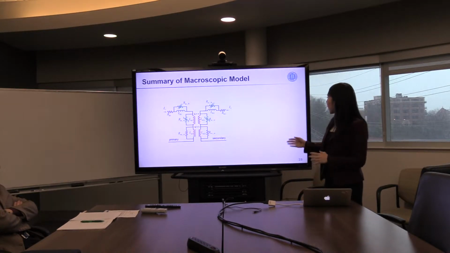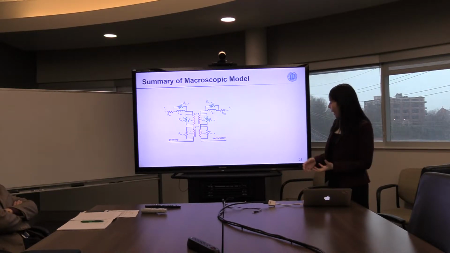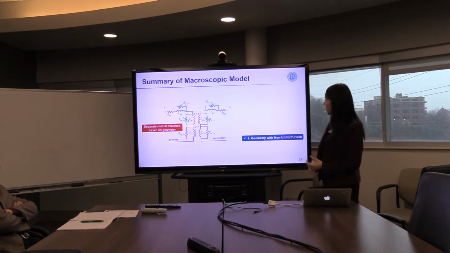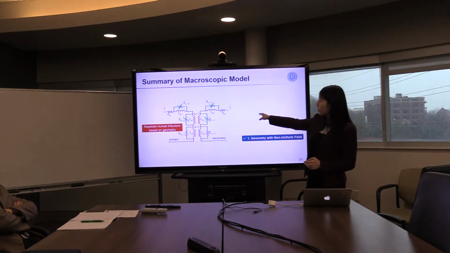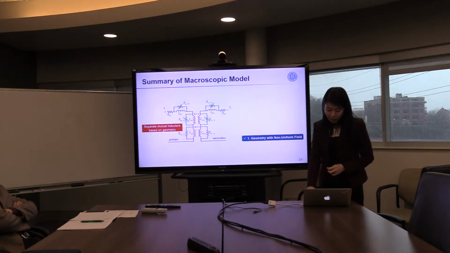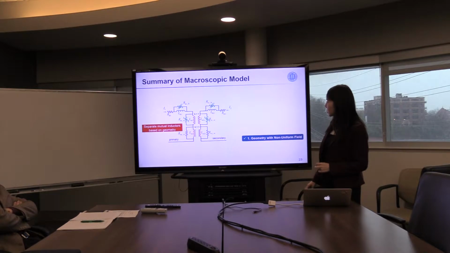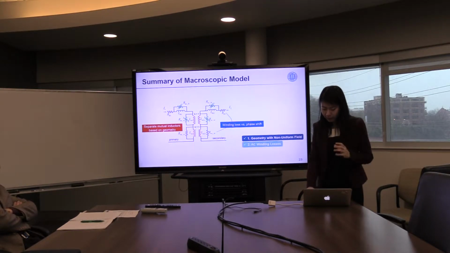To summarize the macroscopic model, we have developed a methodology to calculate the field distribution with non-uniform flux density, and that helps us to calculate all these parameters here. And also we use separate neutral inductors based on the flux density distribution.